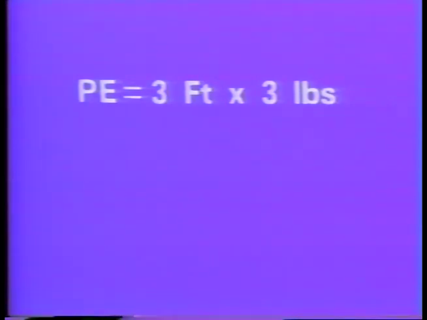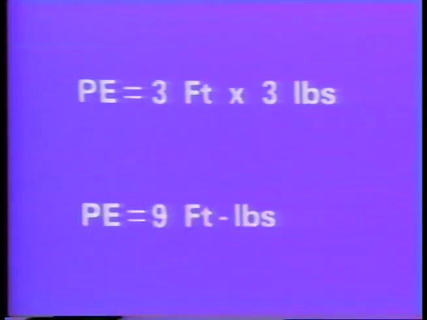And we calculate the potential energy possessed by the block as 9 foot-pounds. Now, if we set the condition that the block is limited by the boundaries of this apparatus, then we can say that the block, in its highest position, possesses a maximum amount of potential energy of 9 foot-pounds. And when the block is at the bottom of the apparatus, it has 0 potential energy.